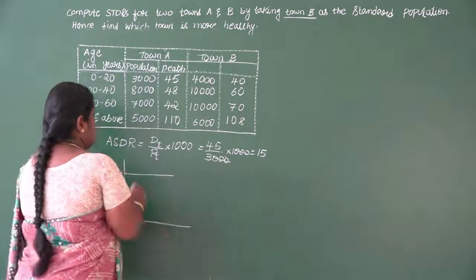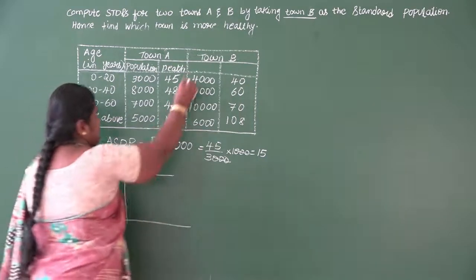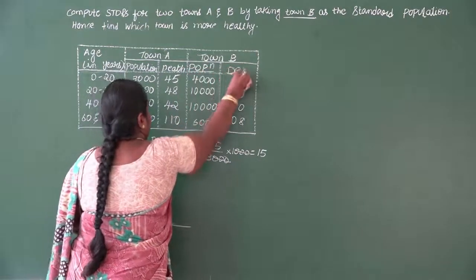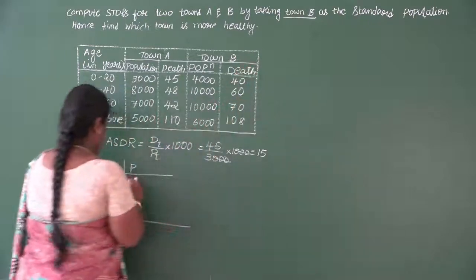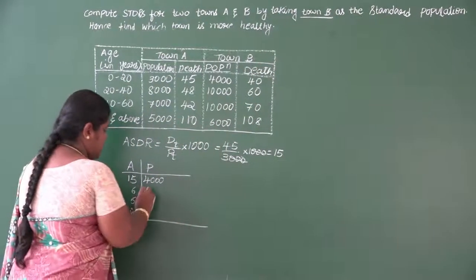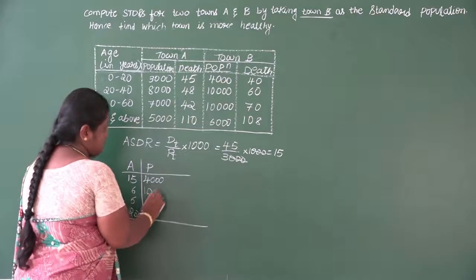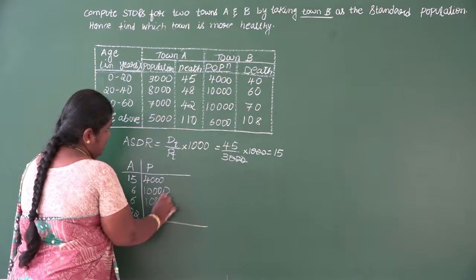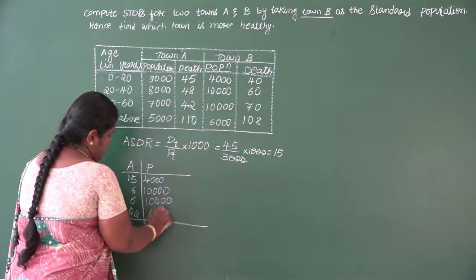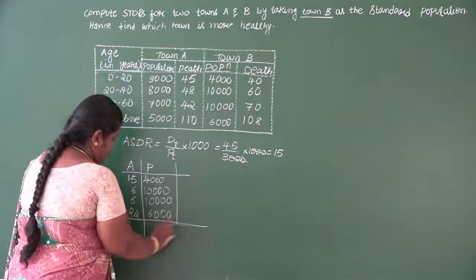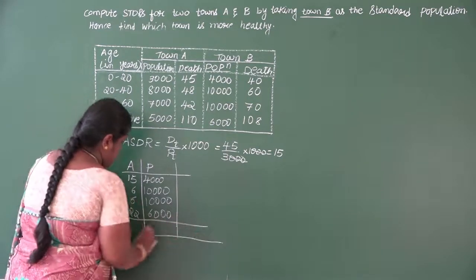Then we need the standard population P value. So we are taking the town B population as the standard population. So 4,000, 10,000, 10,000 and 6,000. Do the total of this population.